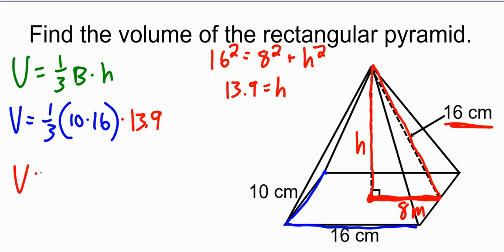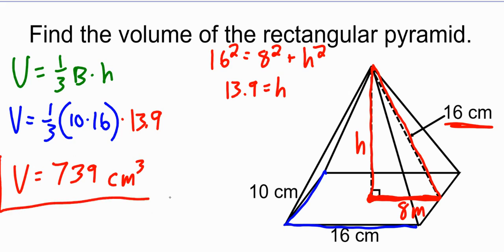And we throw all that into our calculator and see what we get. 1/3 times 10 times 16 times that true height. And that is 739. It actually rounds to 739 cubic centimeters.